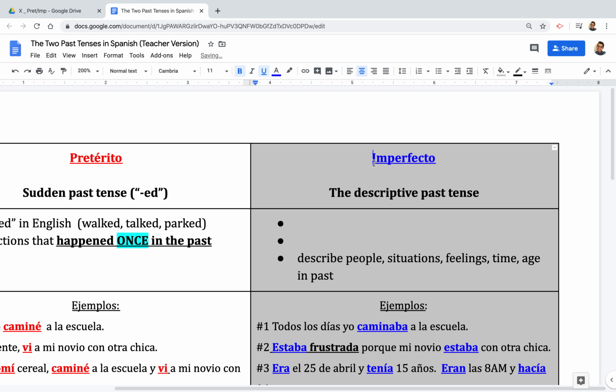The imperfecto, or the descriptive past tense, also kind of exists in English, and basically it translates to used to or was doing something.